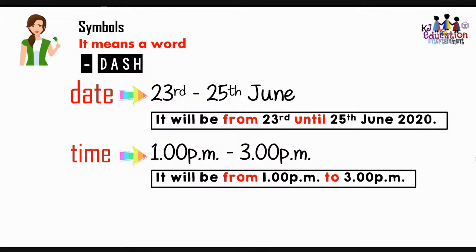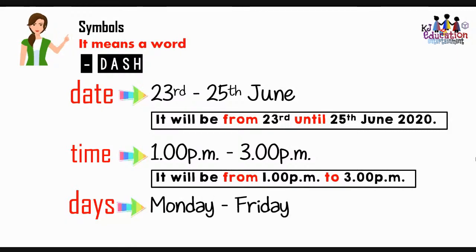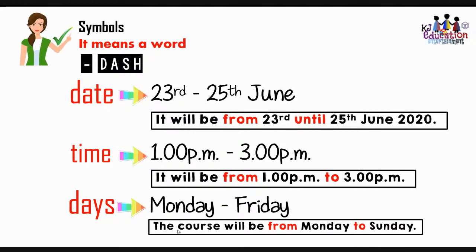And the next one, another important section as well, you see the dash when it comes to days. For example, Monday, and you have a dash, Friday. So what does that mean? Yes, Monday. So the course will be from Monday to Sunday.